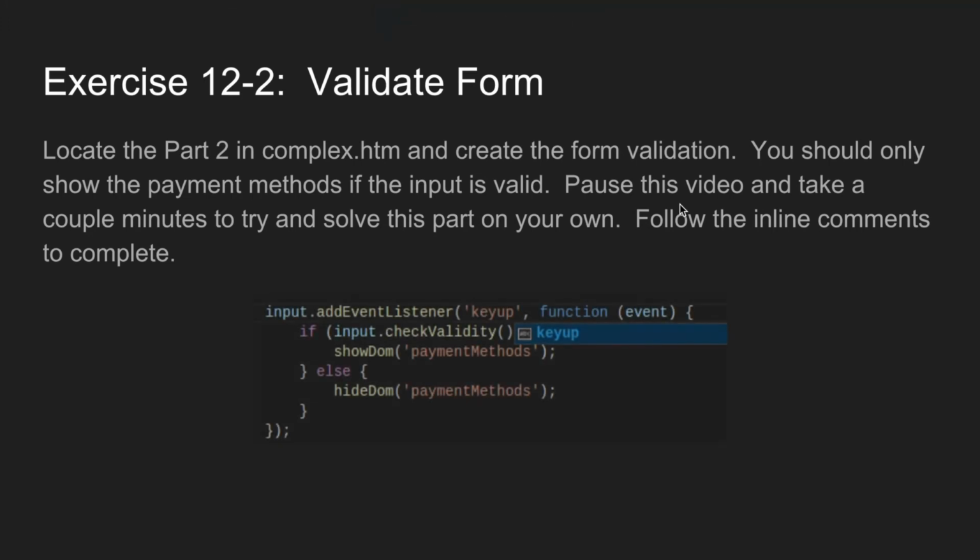All right, so that's it for the second part of this exercise. Here's the answer. If you haven't had a chance yet to copy it down, please do so now.